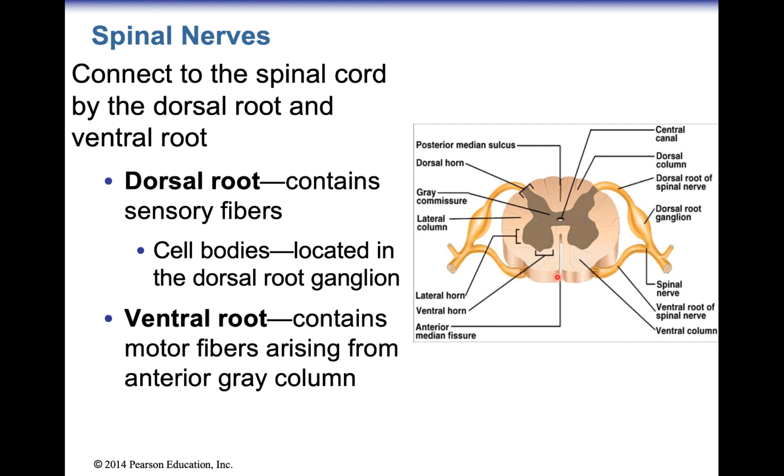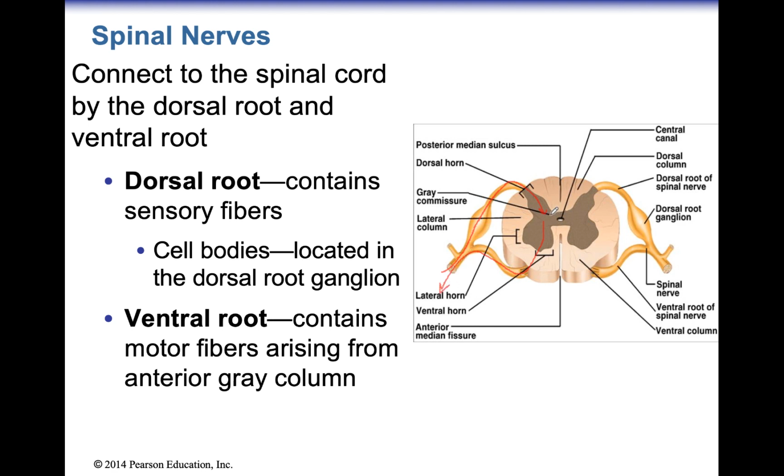And what you'll see is that you have incoming and outgoing nerves from the spinal cord. I'm going to get my pen again. So when you have an incoming nerve signal, it comes in through the dorsal side, and then an outgoing signal goes out through the ventral side.